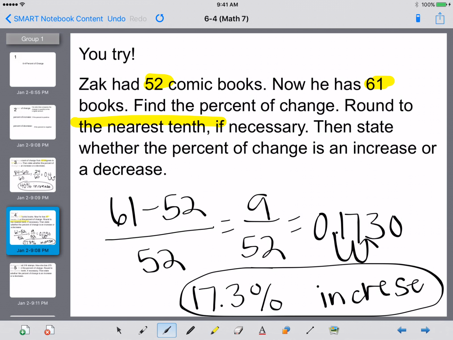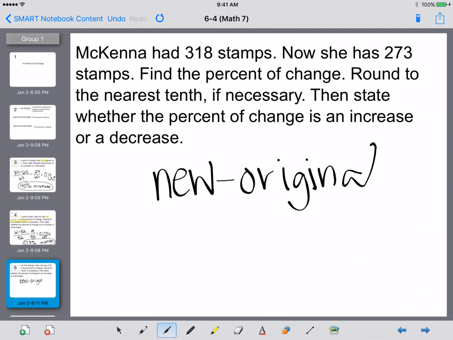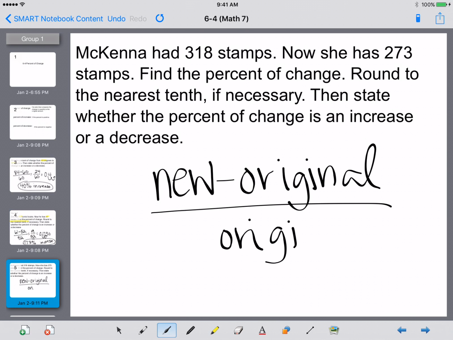So here on this next page, before I do anything, write in your margin the formula for figuring out the percent of change. It's new minus original divided by original. Write that down, save it, star it, highlight it, write it in a pretty color.